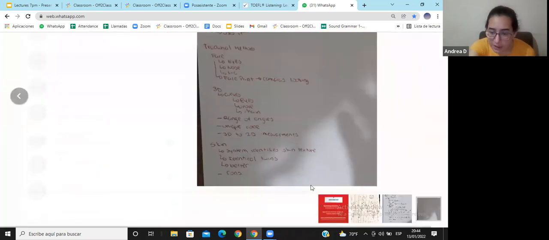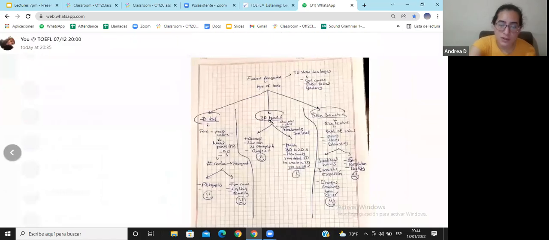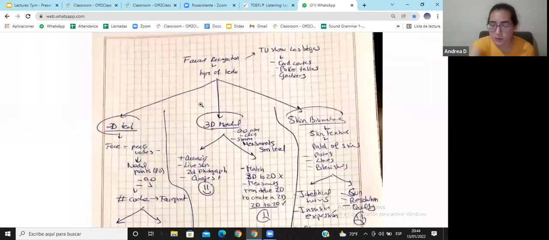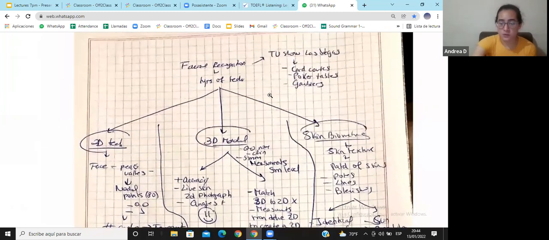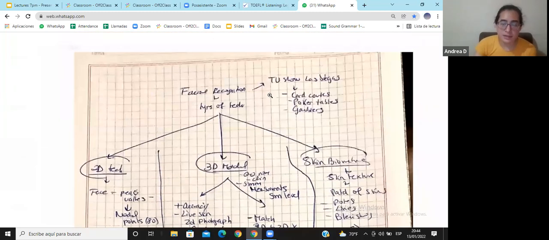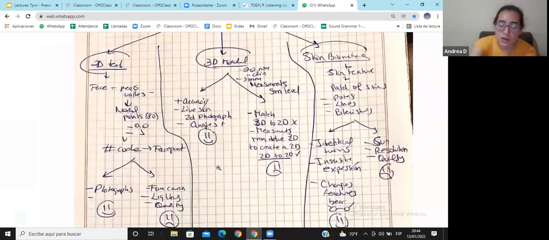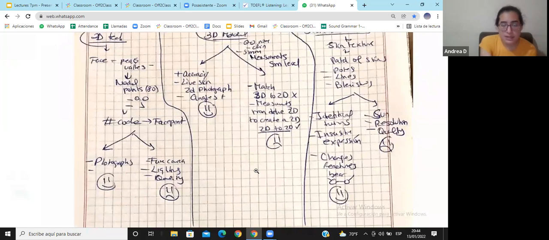And finally, here's mine. You don't have to do it this way. You could organize it in the way that, for example, the last person did, as long as you make that distinction, right, between 2D, 3D, and skin biometric. Maybe I would have liked to see also the distinction between advantages and problems to make it easier for you guys to look for each part.